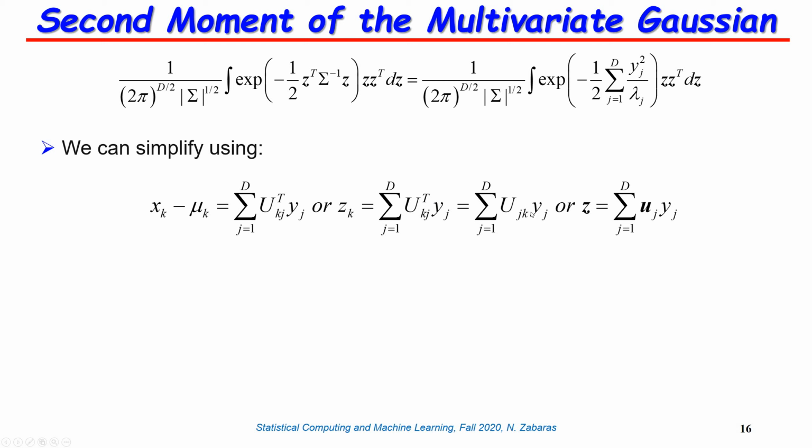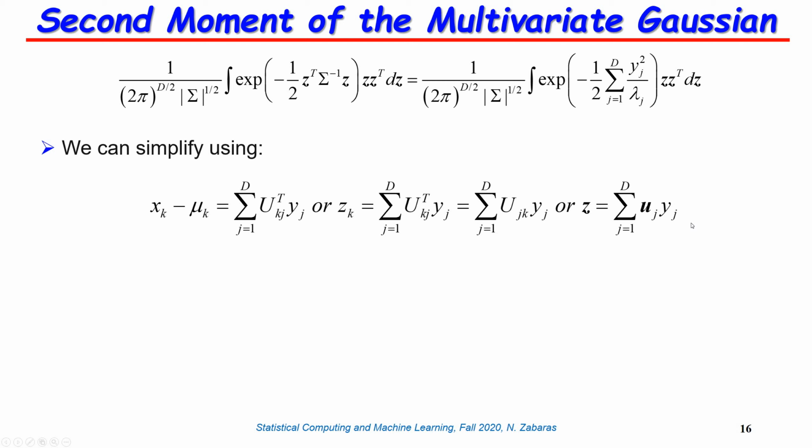I am going to use the definition of the transpose to substitute this awkward kj element of U transpose as Ujk. Nothing fancy.